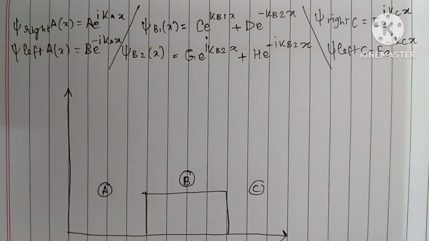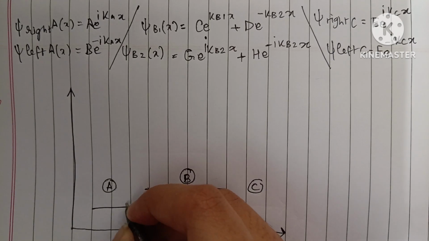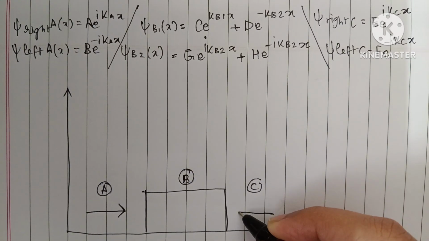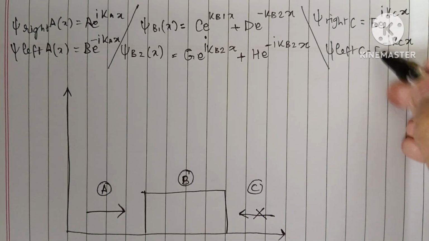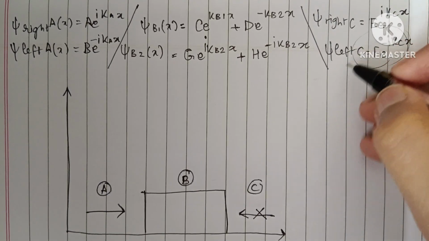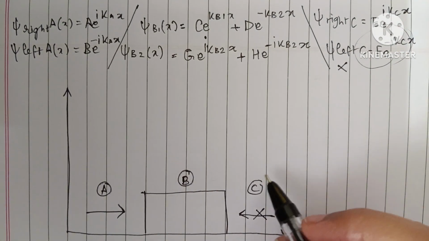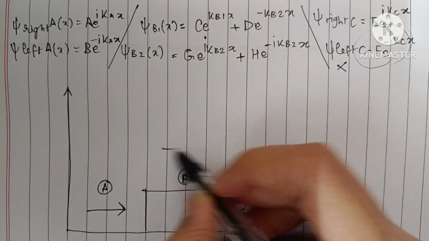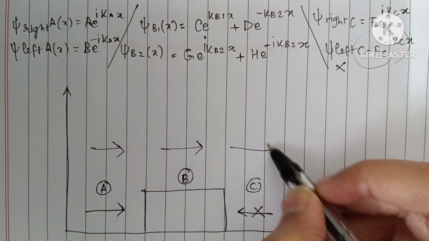After splitting the functions that we got for A, B and C, we get this set of functions, and now we can consider a particle moving in this direction. So immediately the same particle cannot be moving in this direction, so this cannot be considered. But everywhere else the particle can be moving. For example, it can move here, here, and here.